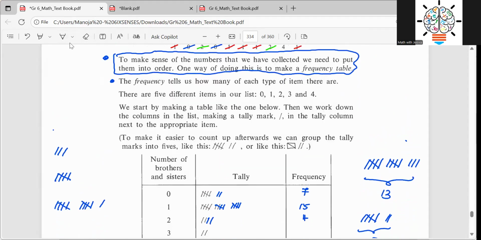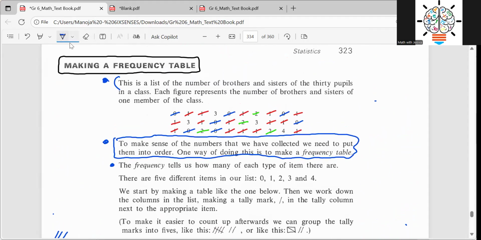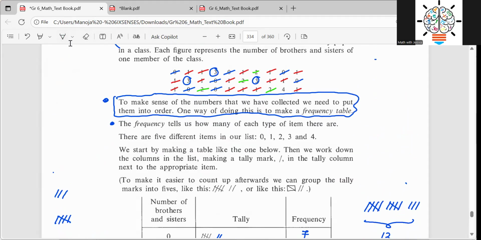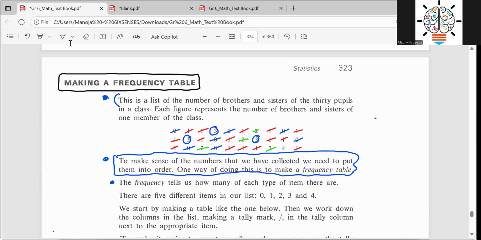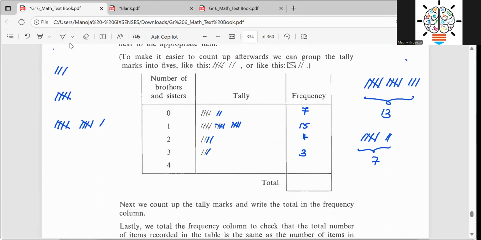Then we will move to number 3. 1, 2, 3. Yeah, that's only 3. So here we draw 3, and then here we mark like this, and we'll see how many 4s there are. Only 1, right? Okay, here we write 1.